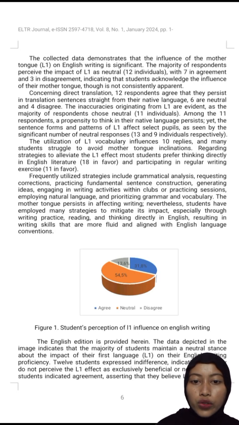Overall, the study shows that while first language affects writing, students can significantly reduce mistakes by using consistent strategies. They support language transfer and translanguaging theories, emphasizing that effective teaching should recognize first language interference and provide authentic English practice.